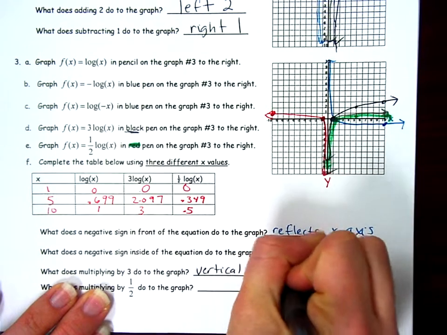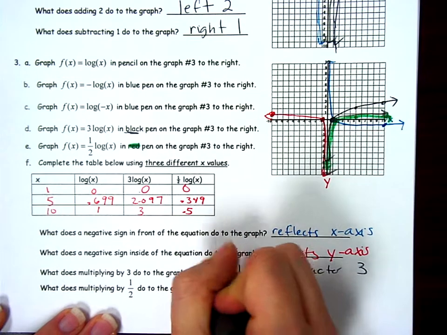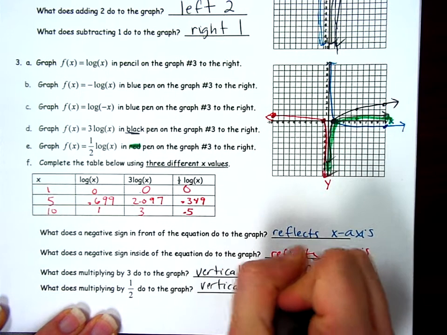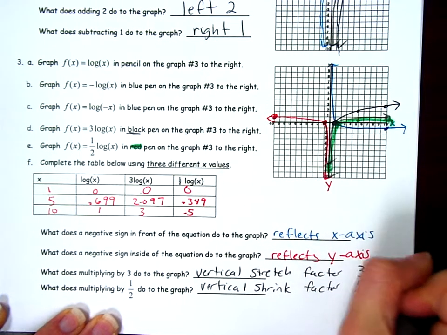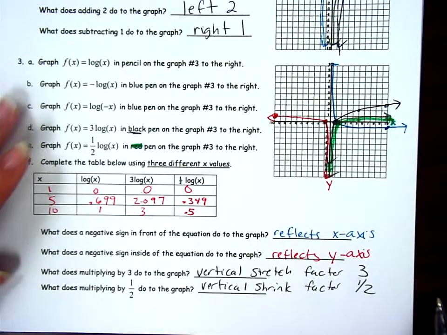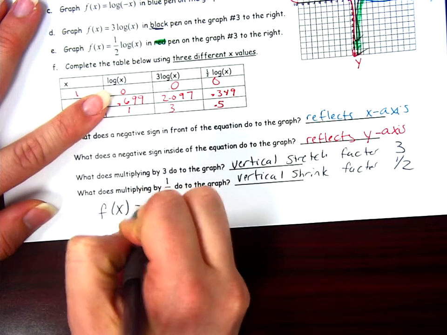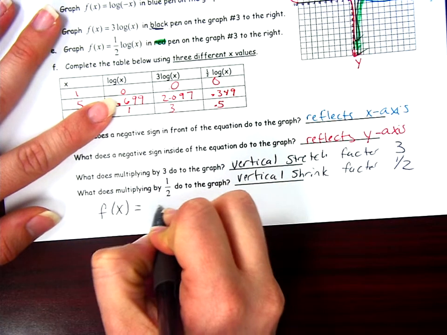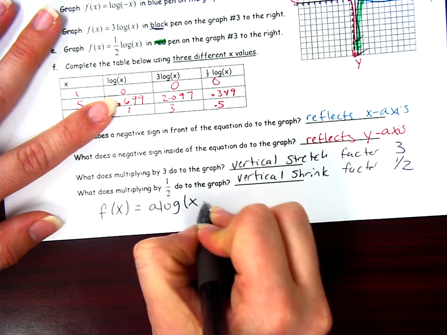So multiplying by 3 was a vertical stretch factor of 3. The 1/2 was a vertical shrink factor of 1/2.